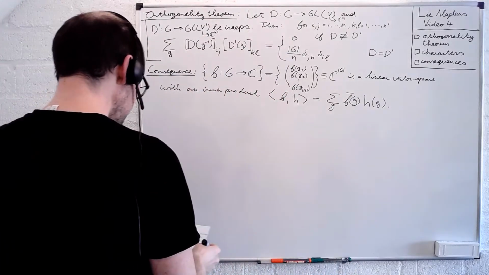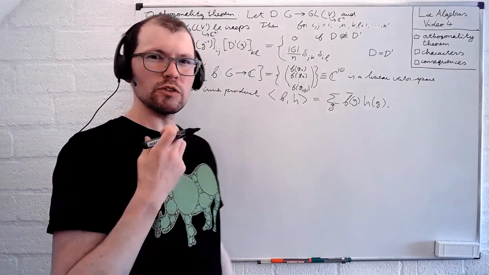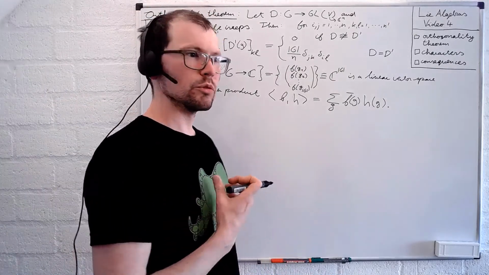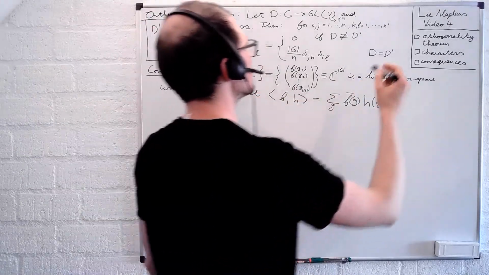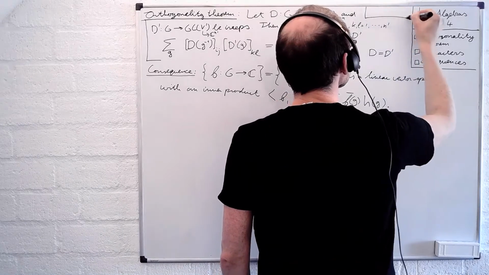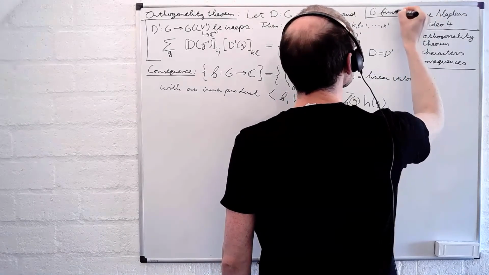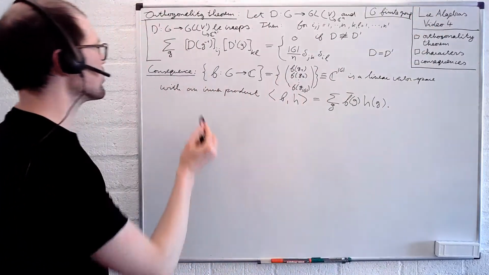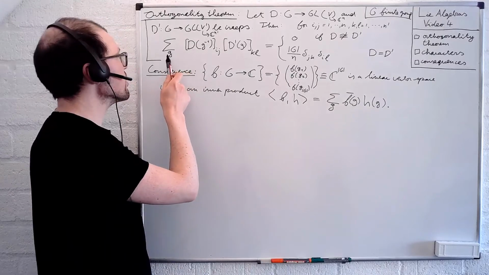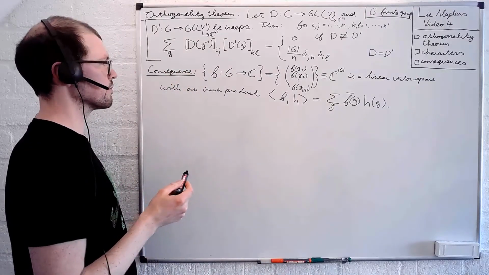Okay, and now what I want to do is say something about all possible irreducible representations of a finite group G. So to be sure, in this whole video, G is going to be a finite group. Otherwise, it does not necessarily make sense to sum over the elements of the group. So this is going to be important.